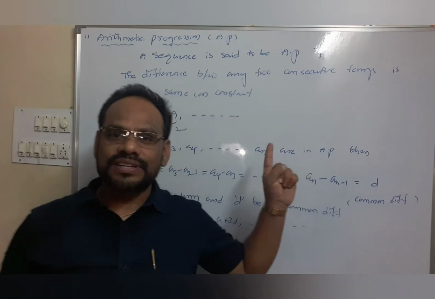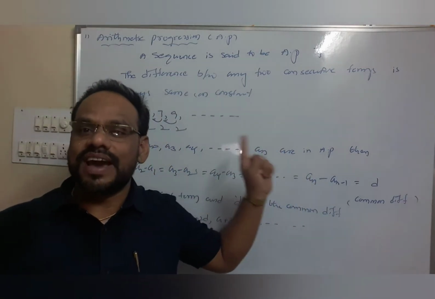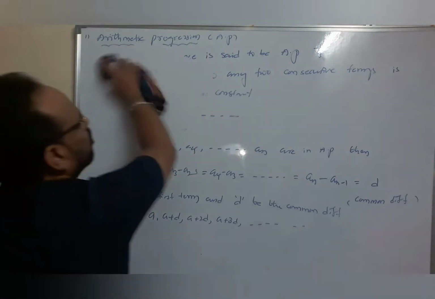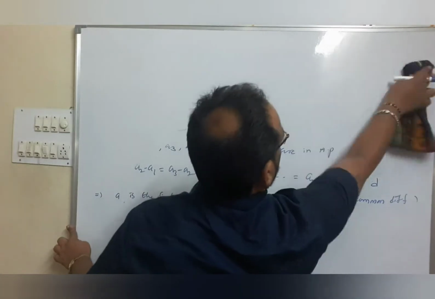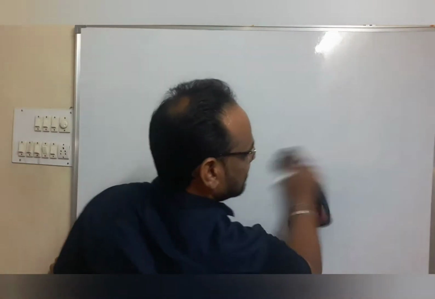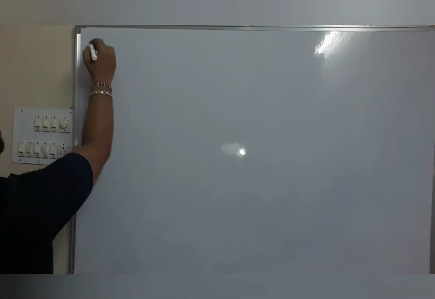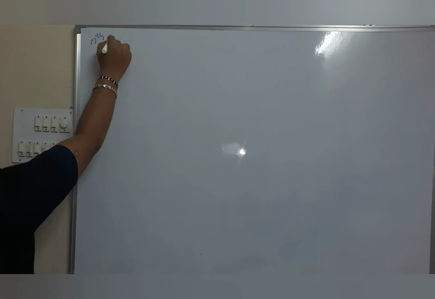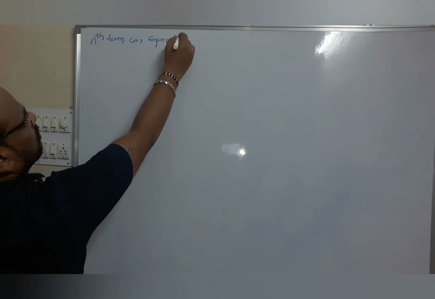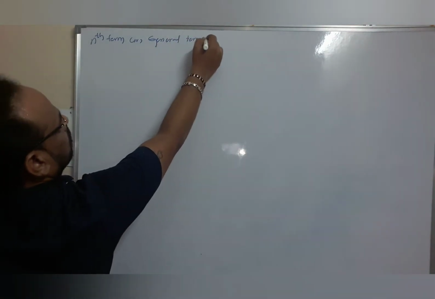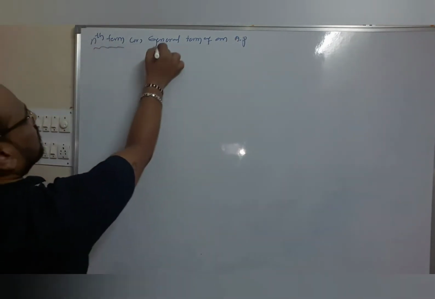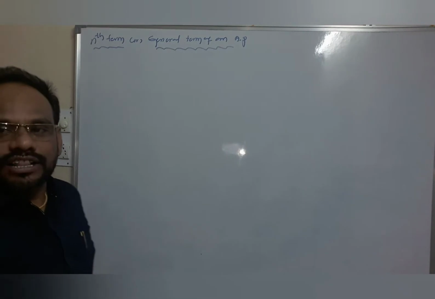We know that a progression has a specific formula to calculate its nth term. Here we derive a formula for the nth term or general term of an arithmetic progression.